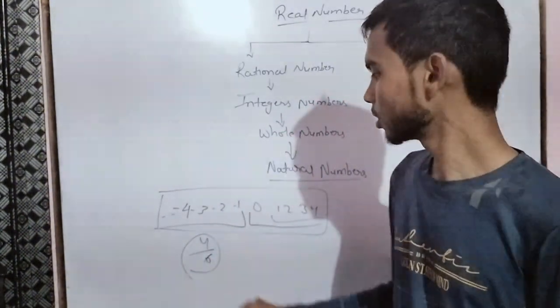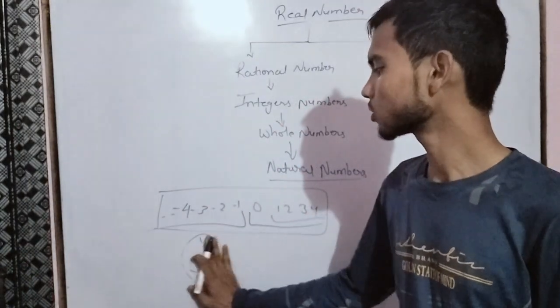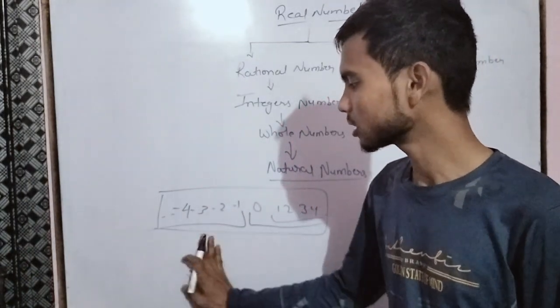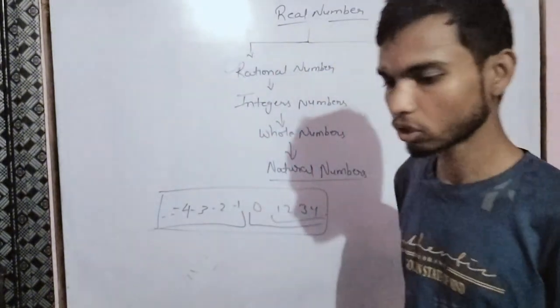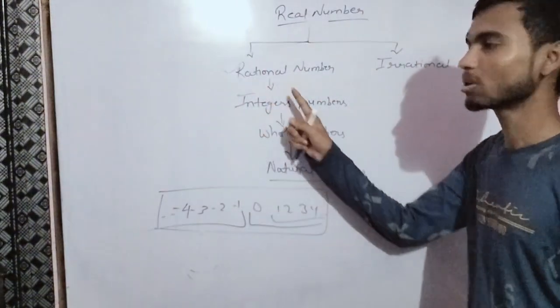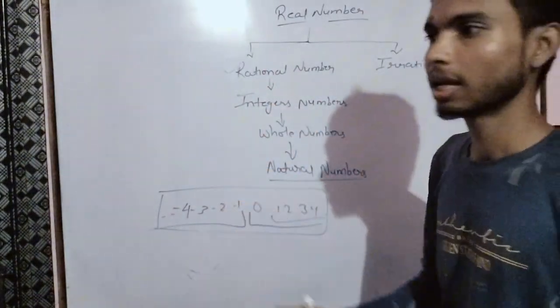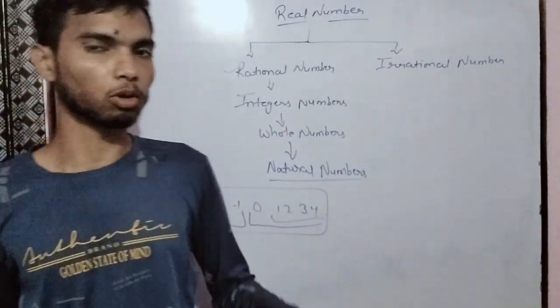This is also a number, but this type of number is a rational number. The definition of a rational number is very simple, and it is taught to students many times in school and college. A rational number is written in the form P upon Q.